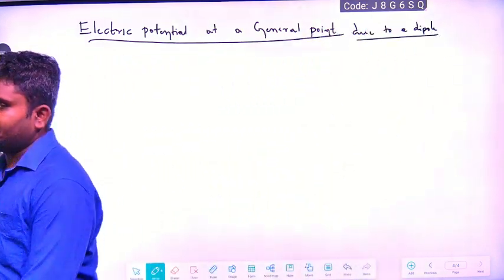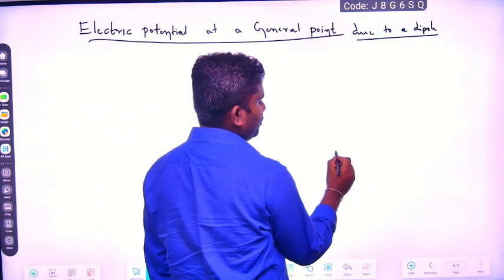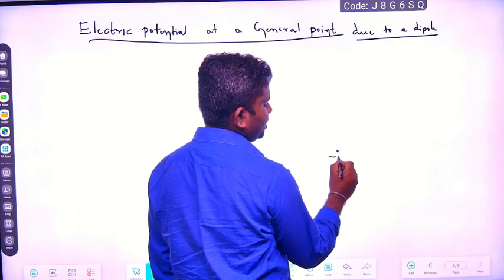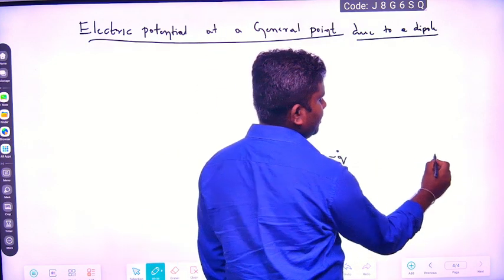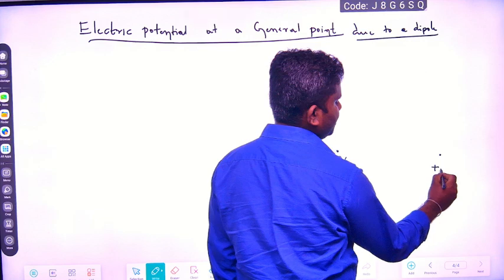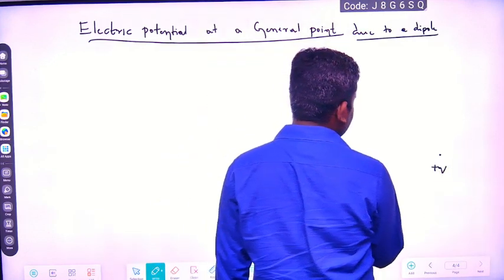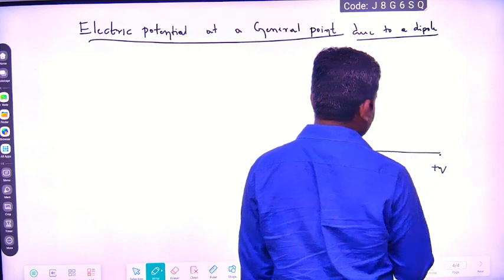Now you take a dipole. Here I will take the negative charge, and here I will take the positive charge. The distance between the charges is 2a.